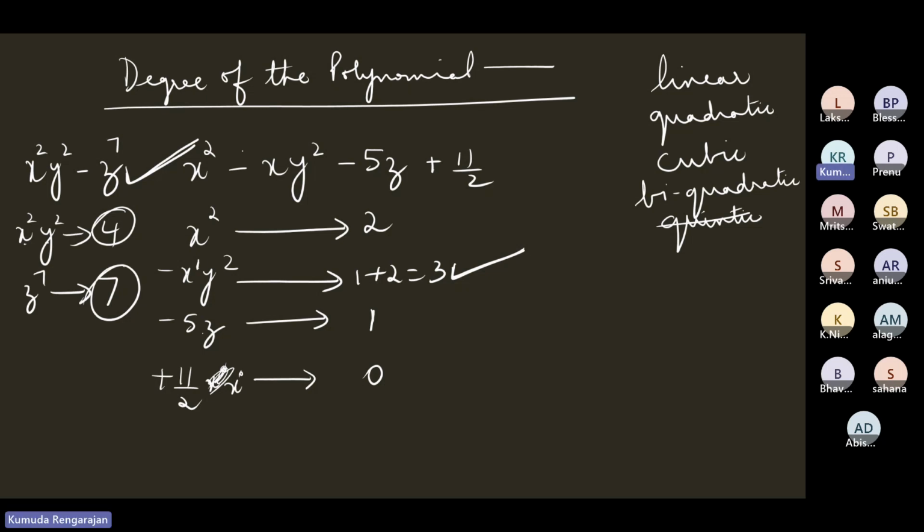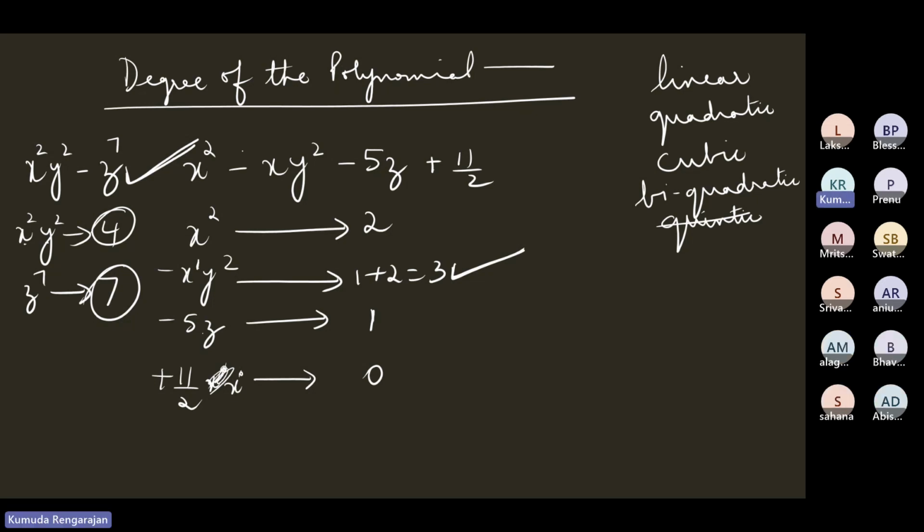So now we have understood how to classify polynomials based on their degree and based on the number of terms they have. Based on the number of terms, we have monomial, binomial, trinomial. Based on the degree, we have linear, quadratic, cubic, biquadratic. To find the degree, write down all the terms one below the other and identify the power of the variable involved.